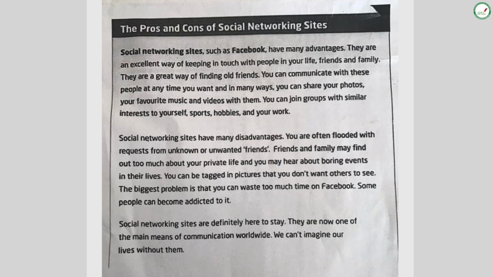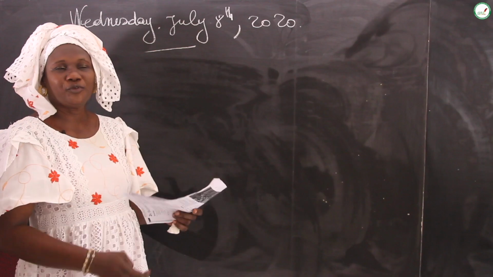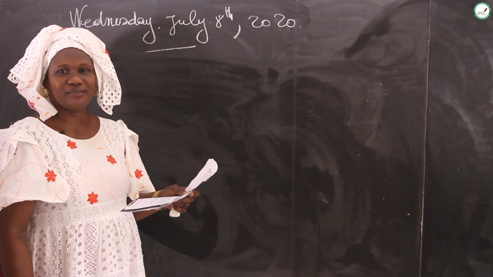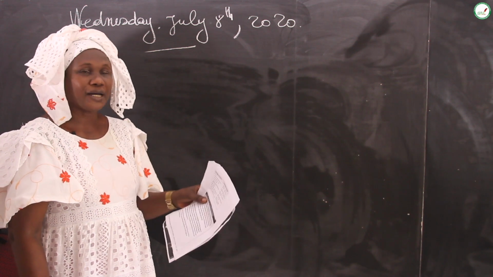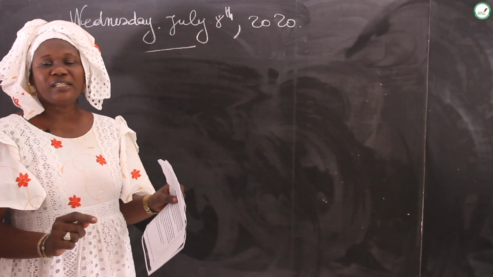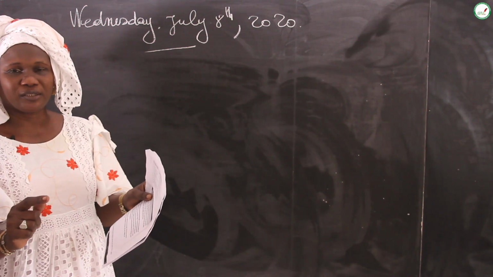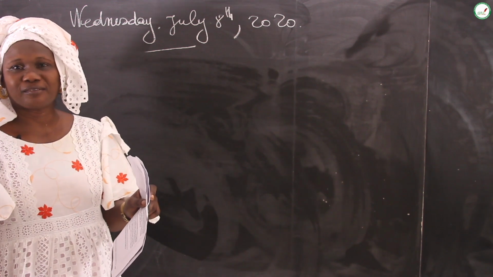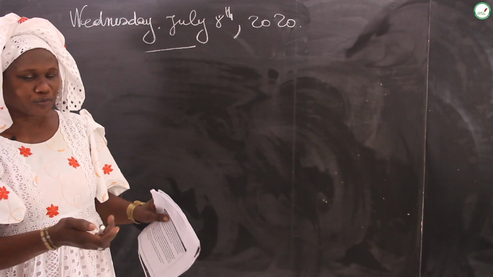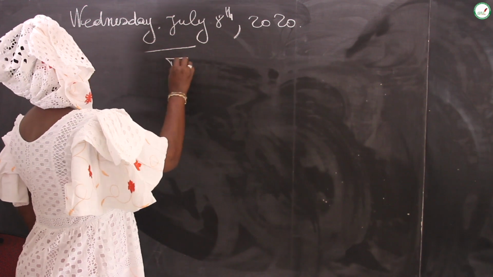And we're going to try to correct this exercise on the board. So, class, we are going to correct the exercise. Now, which example of social network do you have in the text? Facebook, good.